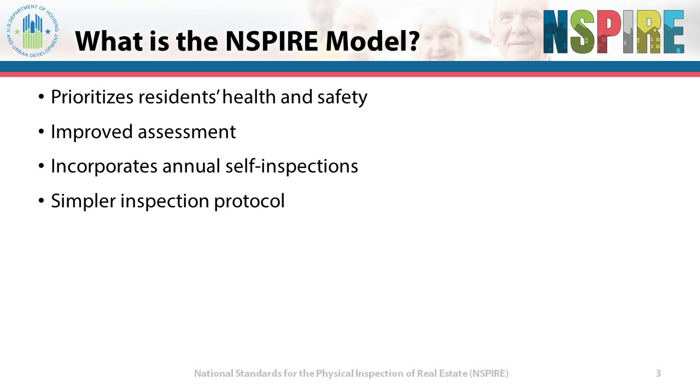NSPIRE implements an improved assessment using objective standards in the form of Critical to Quality Standards, or CTQs. CTQs use indicators aligned to quality and enable property inspectors to quickly identify health and safety deficiencies. Under NSPIRE, volunteer properties will complete and submit their annual self-inspection results to REAC.